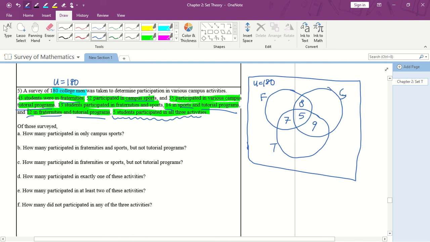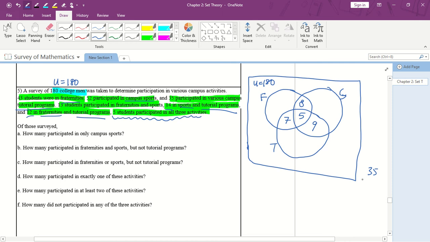And the next one, 35 participated in various campus tutorial programs. So remember, this T region has 35. But we need to subtract all those others that are involved in other activities too. So 7 plus 5 is 12, 12 plus 9 is 21.